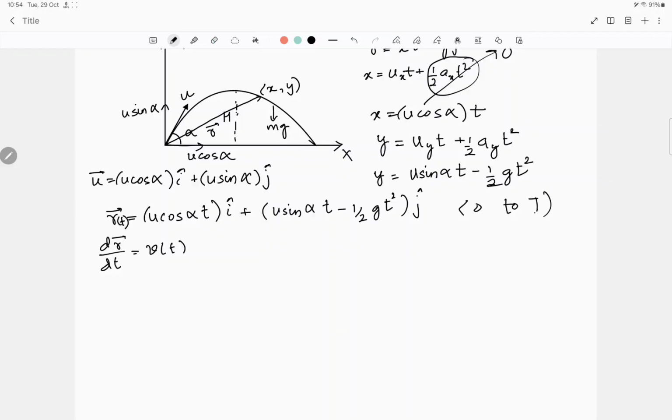So dr by dt, the velocity at any instant, is u cos alpha i cap plus u sin alpha minus gt into j cap.